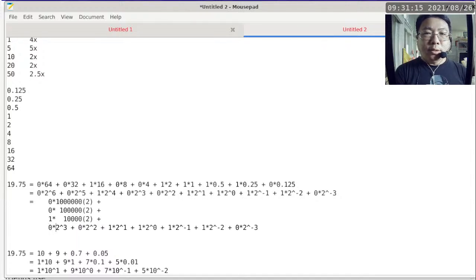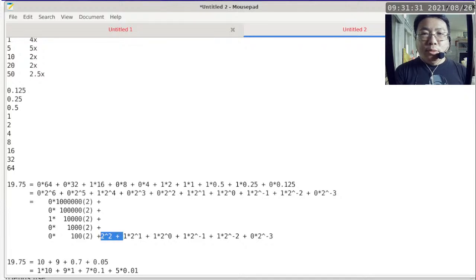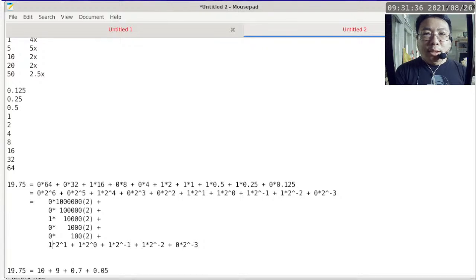So here is 1 times 2 to the power 3, which is 1000 in base 2. I'm pretty sure you're going like, okay, this is going to get a little tedious because I still have a few more digits to deal with, but that's okay, because this gives you some time to think about this and ask, am I understanding what is going on here? What is being converted here? So this is in base 2. Alright, so now we have another one down here.